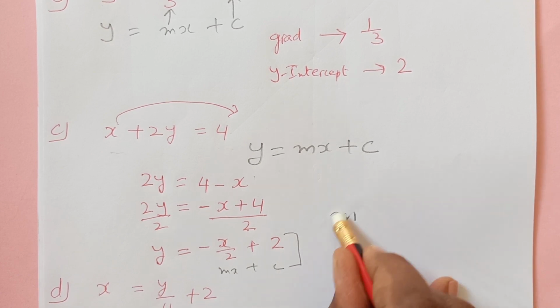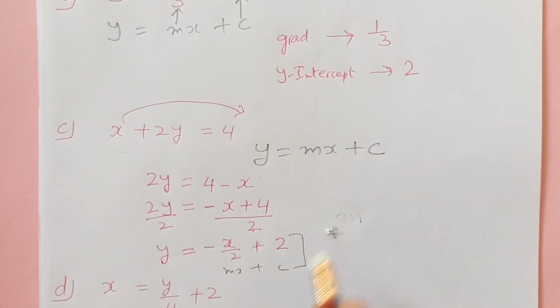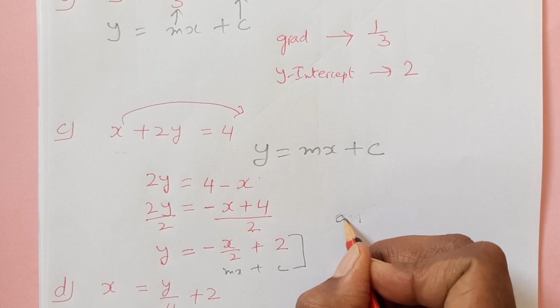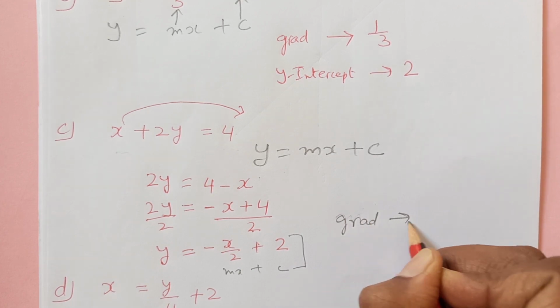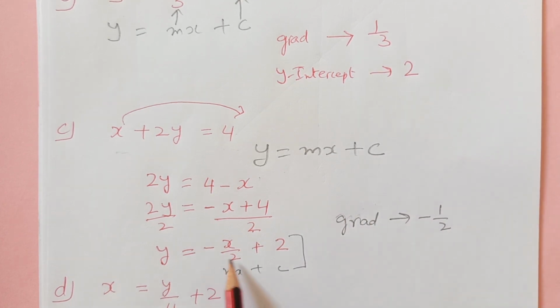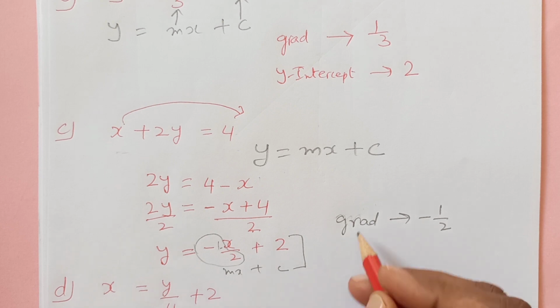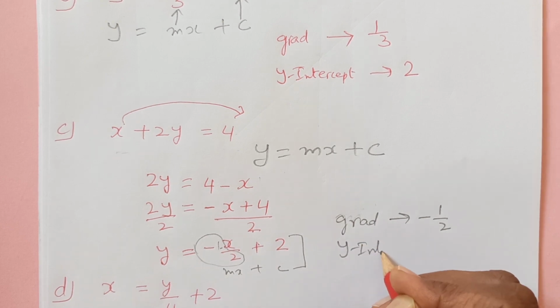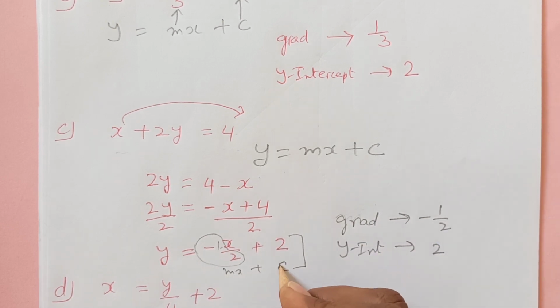Let me write it in the same form. You can even write it as m. So the gradient is negative 1 over 2. You see here x, there is nothing, so that means it is multiplied by 1. So this is your gradient, and the y-intercept is 2, right?